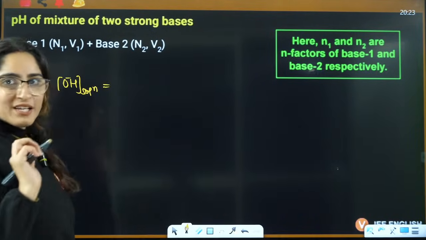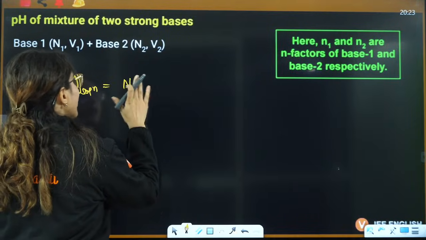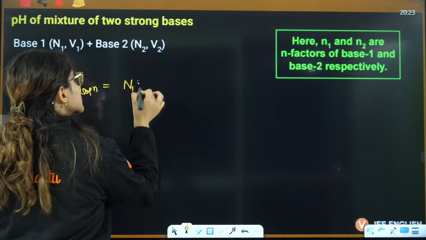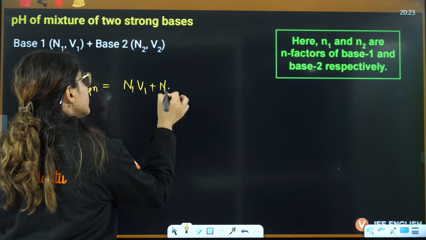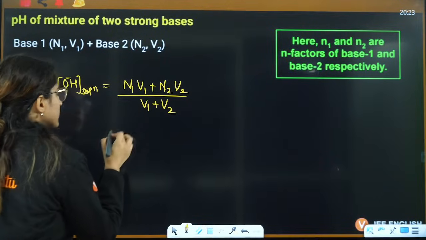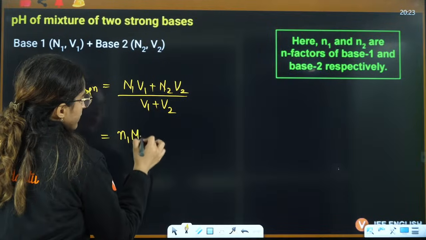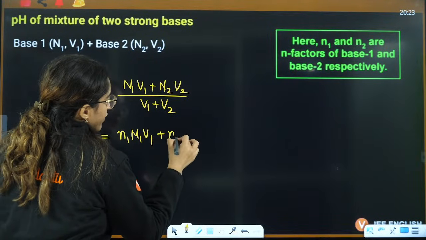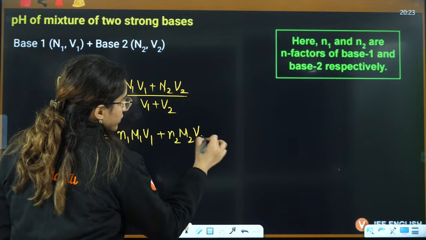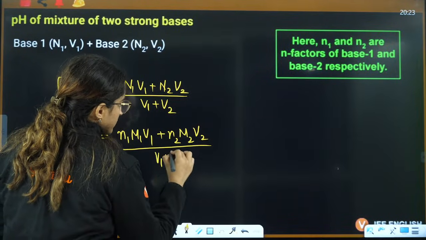If you have 2 strong bases, it will again be added: N1V1 plus N2V2 divided by V1 plus V2. This becomes n factor of 1 M1 V1 plus n factor of 2 M2 V2 divided by V1 plus V2. That's it.